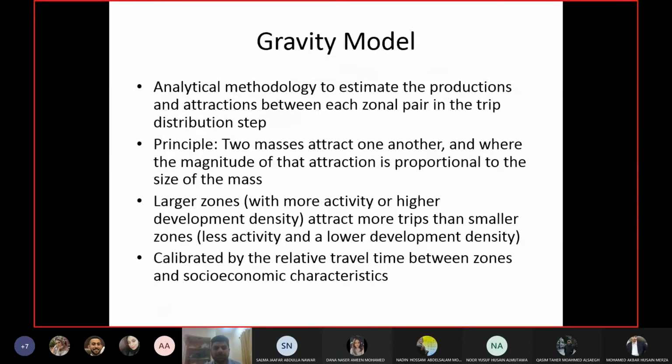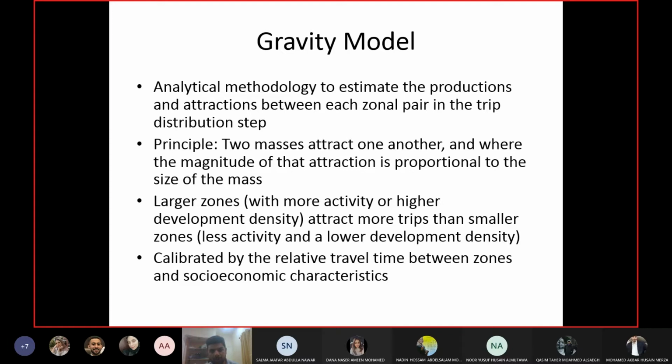Now the main principle applied to the gravity model is the principle of gravity. That's why we call it the gravity model, the principle of gravitational force. You must have learned about it in physics. Any two masses in space have certain gravitational force between them.